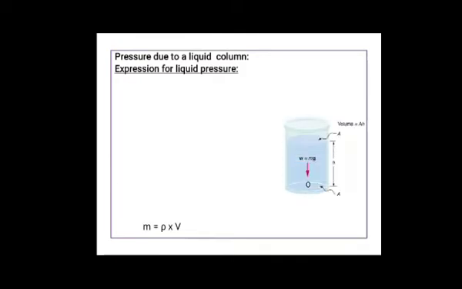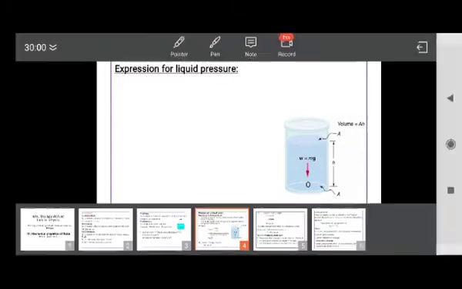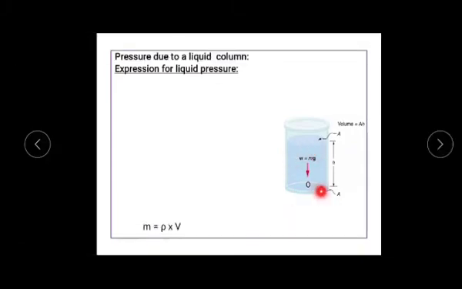For that let us take one container. In that container let us fill some liquid. Let this liquid have a density rho. As we now learnt, this liquid will apply force on the walls of the container. Here you can observe the applied force is nothing but the weight of the liquid, and it is acting in the downward direction.